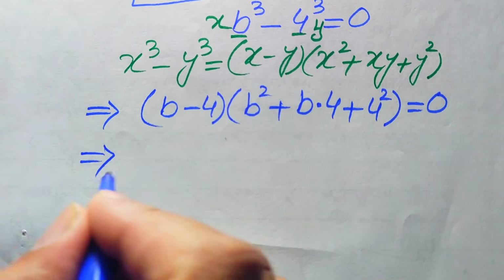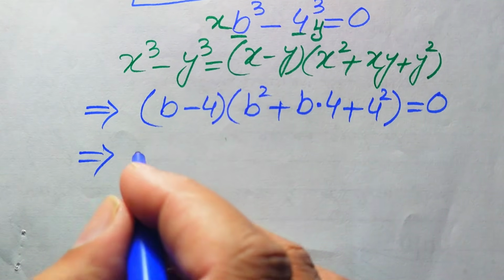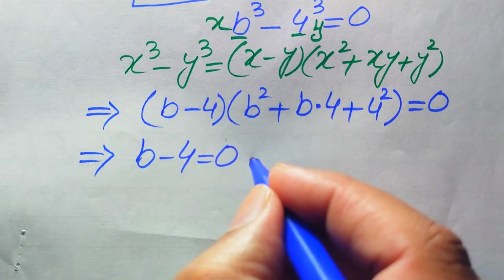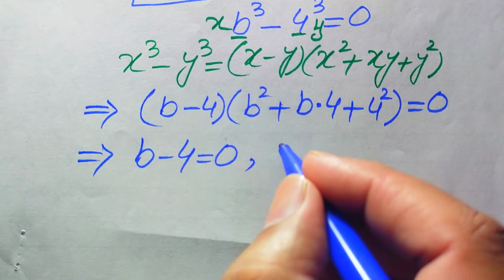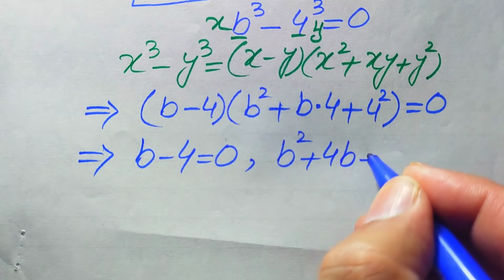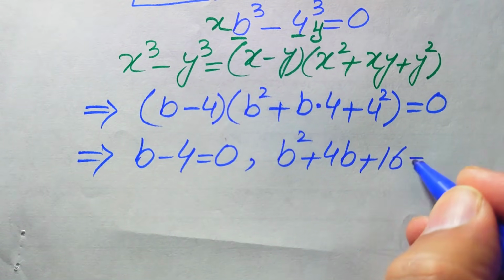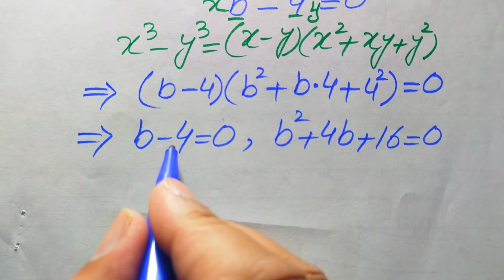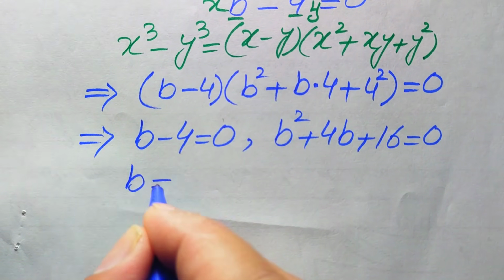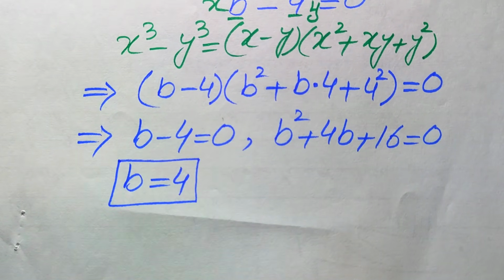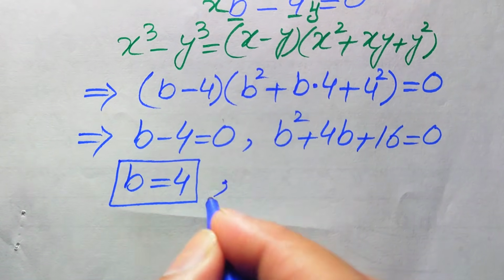In the next step we divide this equation into two cases. The first case is b minus 4 equals 0, and the second case is b squared plus 4b plus 4 squared, which becomes 16, equals 0. So we move minus 4 to the right hand side, and we get b equals 4. This is a root of the given equation.